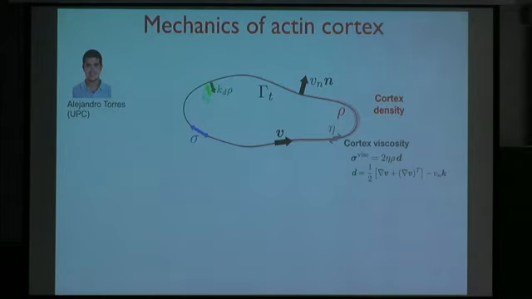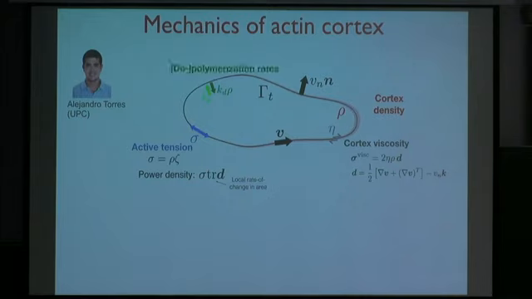You will also have this active tension that we will assume is proportional to the cortex density. So the more material, the more actomyosin gel you have, the bigger this active tension.